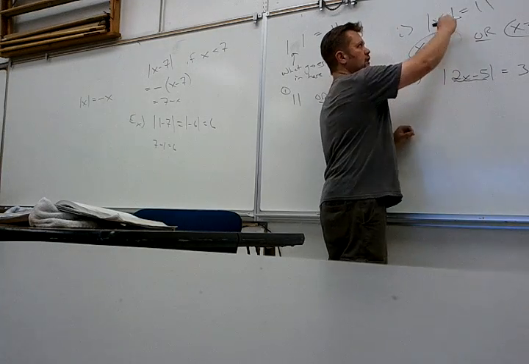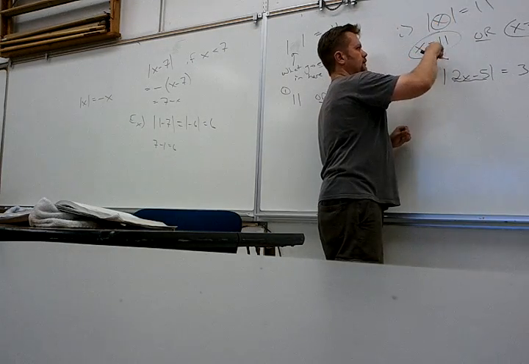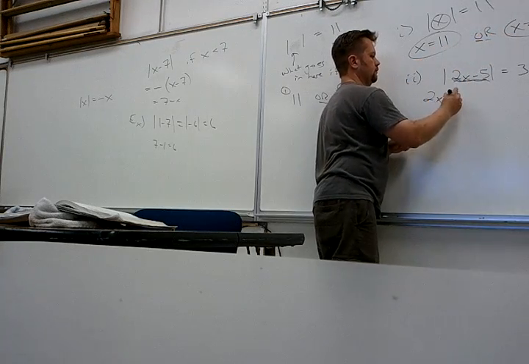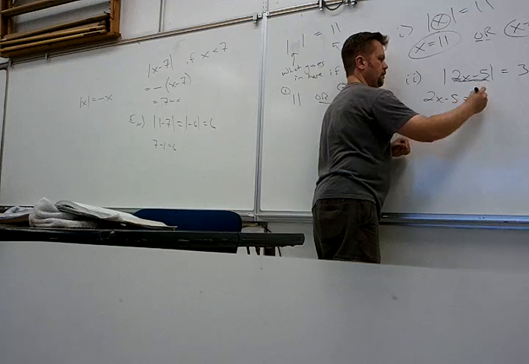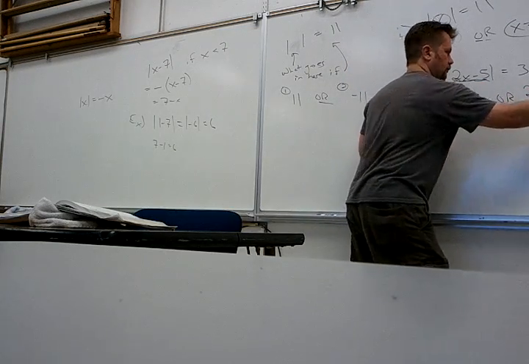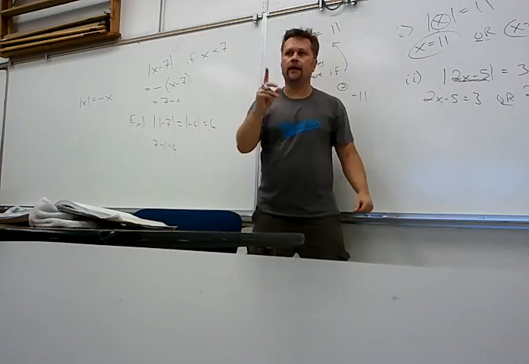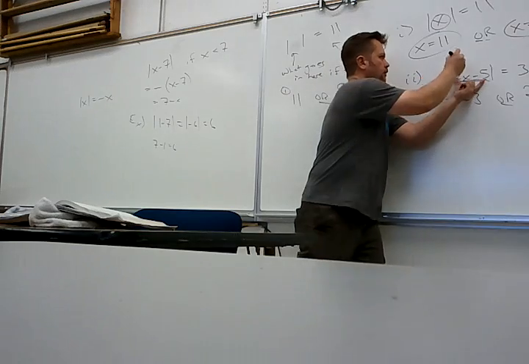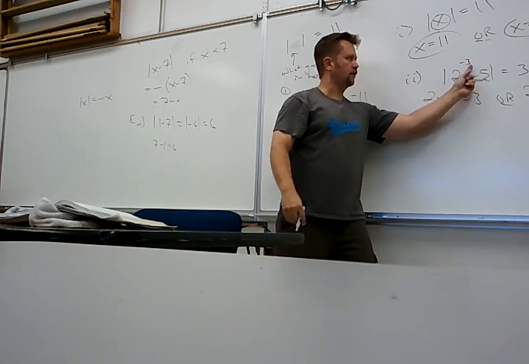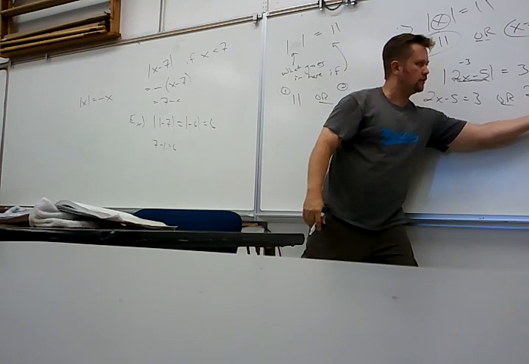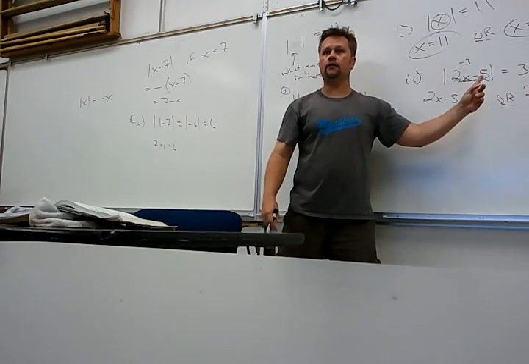I've got to write my two cases, just like we did up here. The inside is 11, or the inside is negative 11. Here, the inside is 3, or the inside is negative 3. Think about it. If this was equal to negative 3, you put a negative 3 in there. What's the absolute value of negative 3? 3. So if this was replaced with negative 3, this would be true, right?